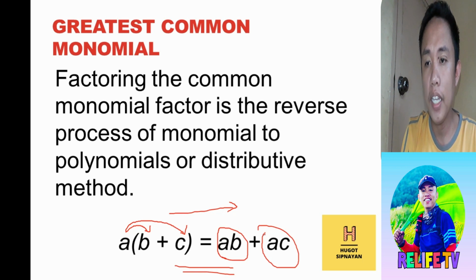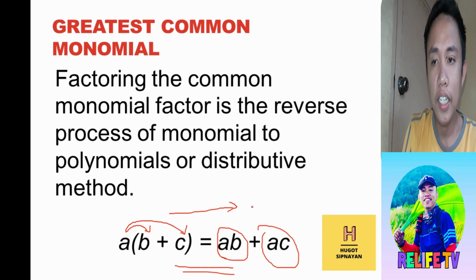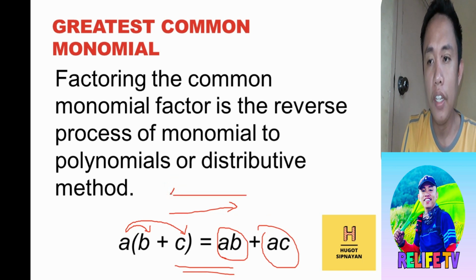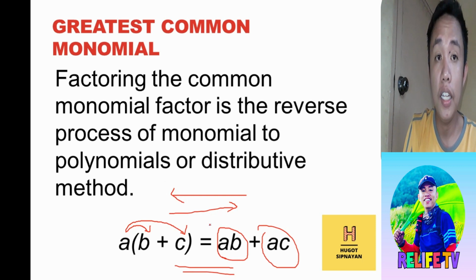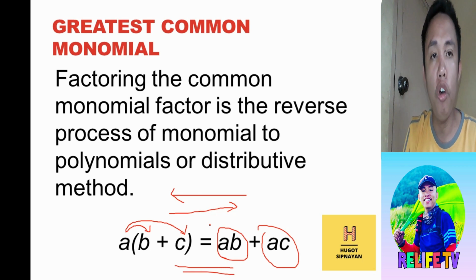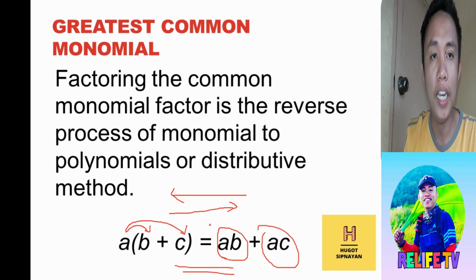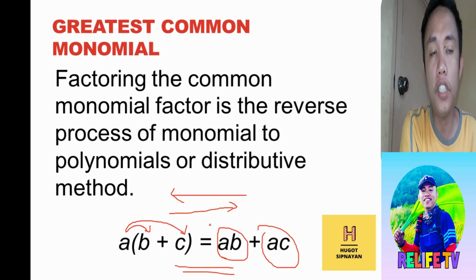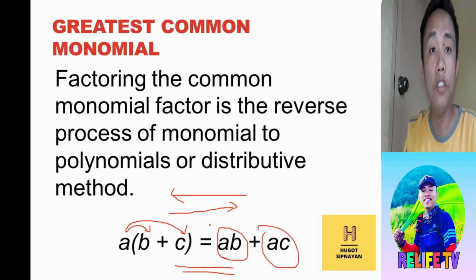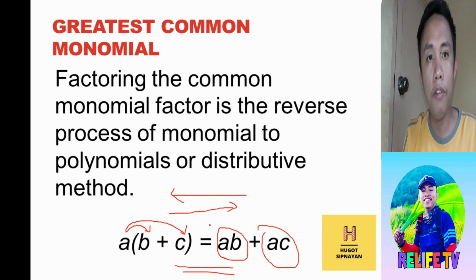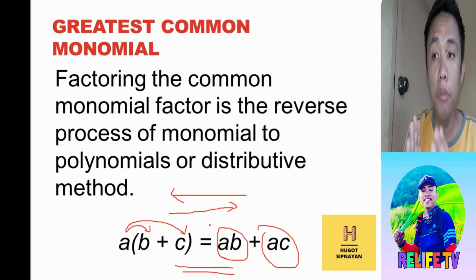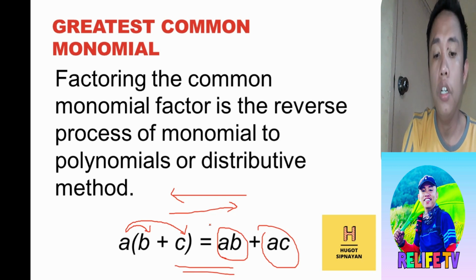From AB plus AC, gagawin po natin A quantity B plus C. Hanapin natin yung common factor nung first term ng polynomial, second term ng polynomial, o may third term o fourth term siya, at ihiwalay natin sa equation. So, paghiwalay natin yung dalawang factor using common monomial factor.